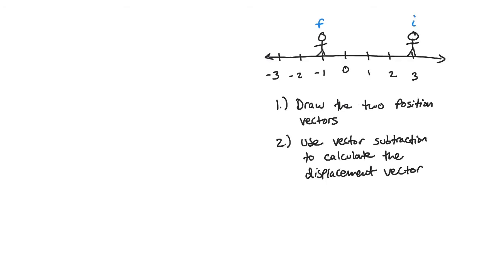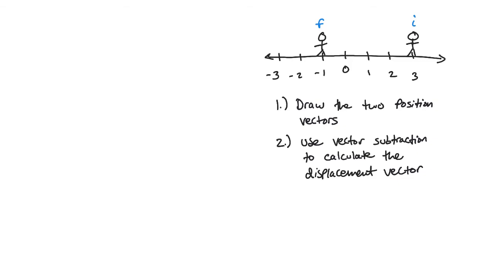So here's a simple little check for understanding to make sure you can do this. Here's a coordinate system. We start here, some person is at position x is equal to 3, and then we move over, we travel to the left, and we end up over here at a position of x is equal to -1.